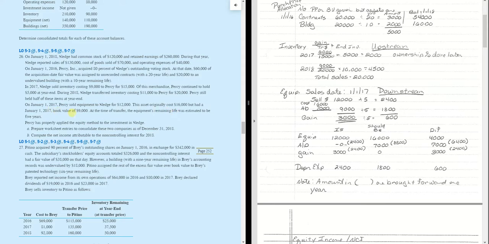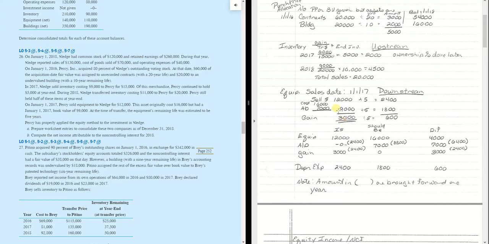It had a book value of $9,000. So basically my original cost is $16,000. It had a book value of $9,000, so I can back into accumulated depreciation of $7,000. My selling price was $12,000, and it had a book value of $9,000, so I have a $3,000 gain.